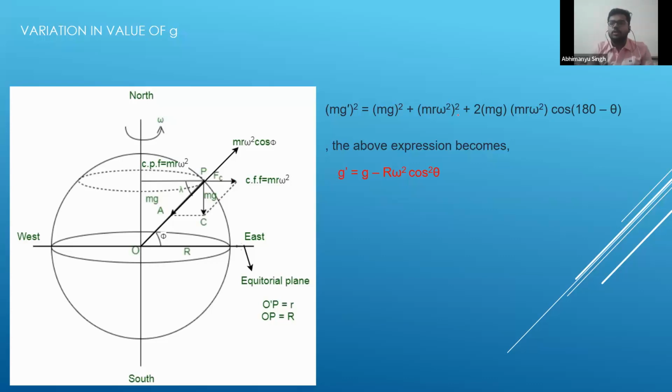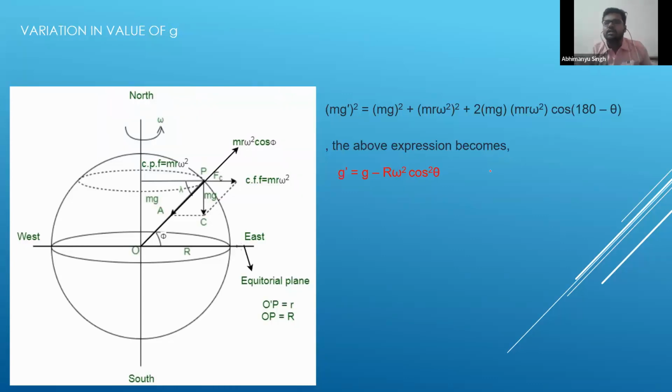g'^2 = g^2 + (r omega square)^2 + 2 g omega square cos(180 minus theta). And when we solve it, we get g' equal to g minus omega square r cos square theta. You can easily remember it by dimension: g' is g minus omega square r, which has the dimension of acceleration, into cos square theta.